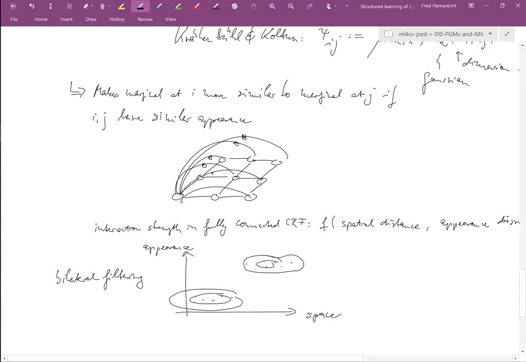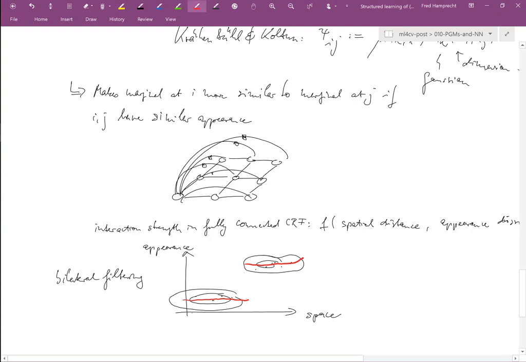And then I ask at each position in space, at which appearance do I have the greatest density. So I can now, at each position in space, ask for that appearance which has the greatest density, and then as a result, I would obtain something like I'm showing here in red. And you see that this is smoother than the original noisy data, and the edge has been preserved. I have a sharp jump here.